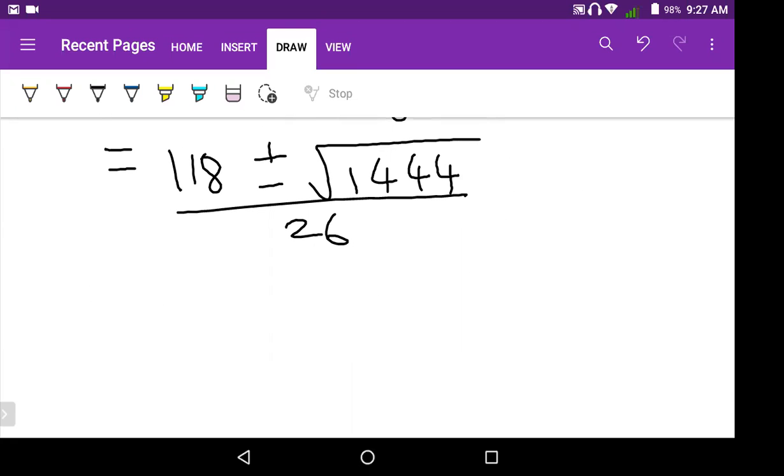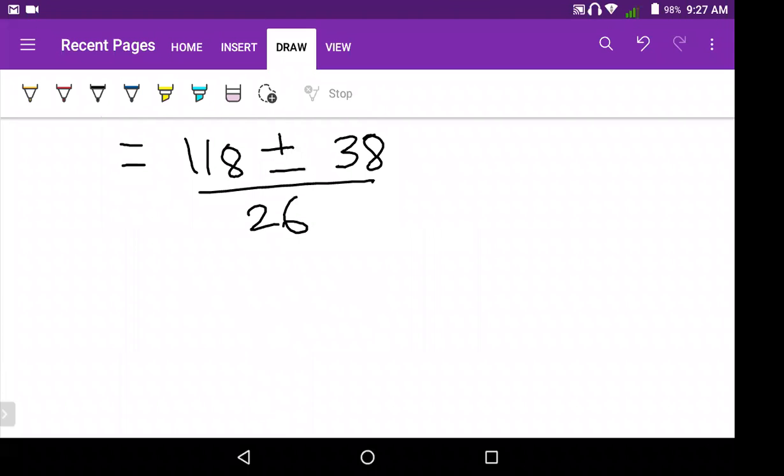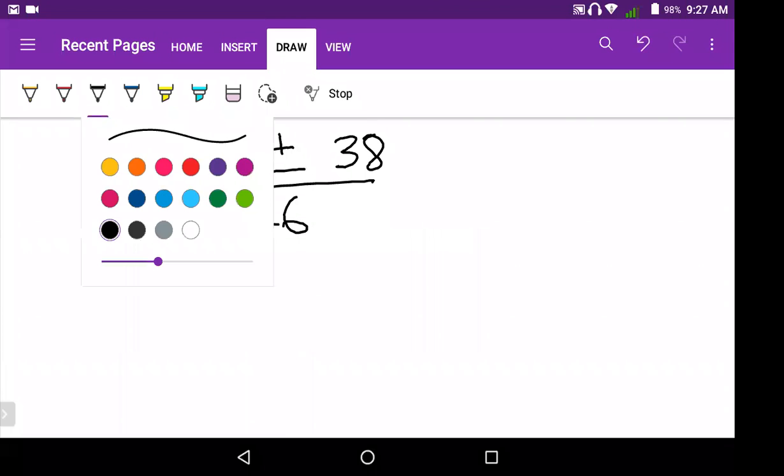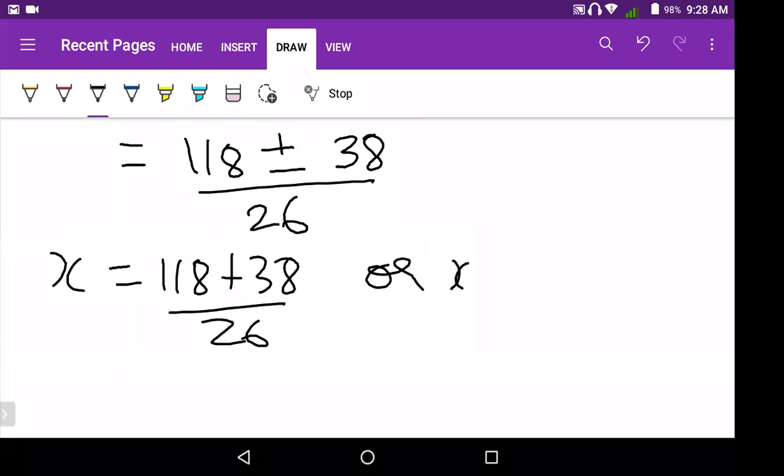Now next step, x is equal to 118 plus or minus, what is the square root of 1444? 38. Okay, 38 divided by 26. Now we have two roots, that is nothing but x is equal to 118 plus 38 by 26, or x is equal to 118 minus 38 by 26.